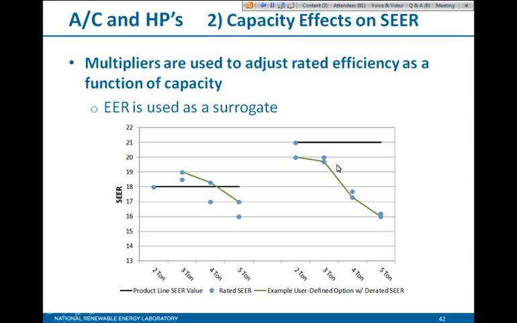That'd be a pretty expensive approach, but it would be a way to get up into these higher SEER levels. So there's that trade-off between size and the actual SEER in these high efficiency units. For lower SEER units, this trend does not display itself.